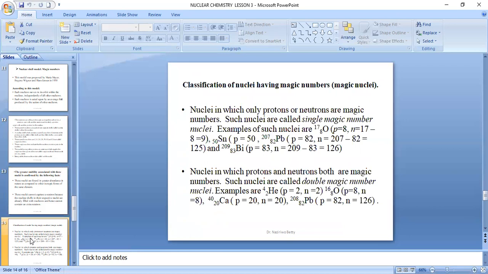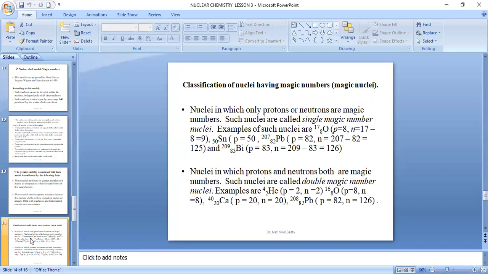Classification of nuclei having magic numbers. There are mainly two classifications. We have single magic number nuclei and also double magic number nuclei. For the single magic number nuclei, only protons or neutrons are magic numbers. Only one of them is a magic number.